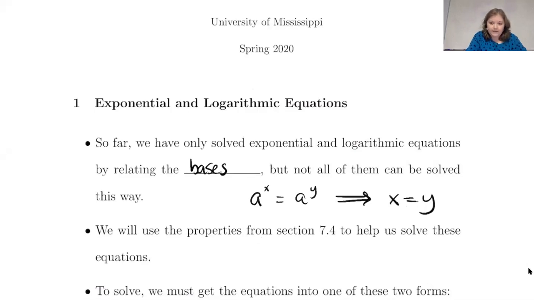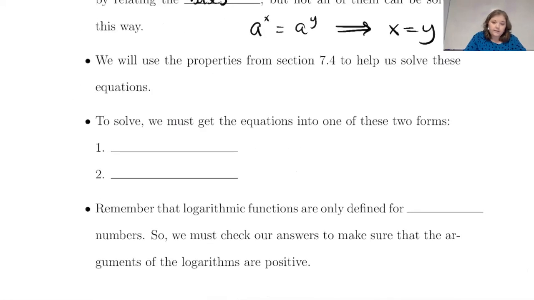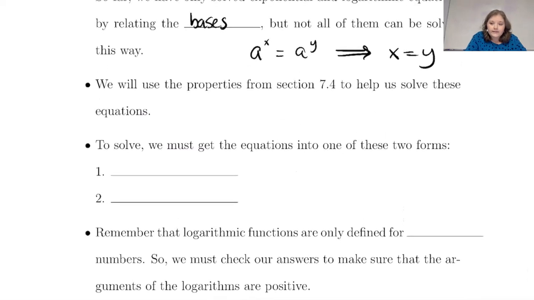But we're going to be solving some different kinds of equations in this one. Ones that do not have the same base. So we're going to use the properties from the last lesson, 7.4. So that is going to be the expanding and contracting properties.